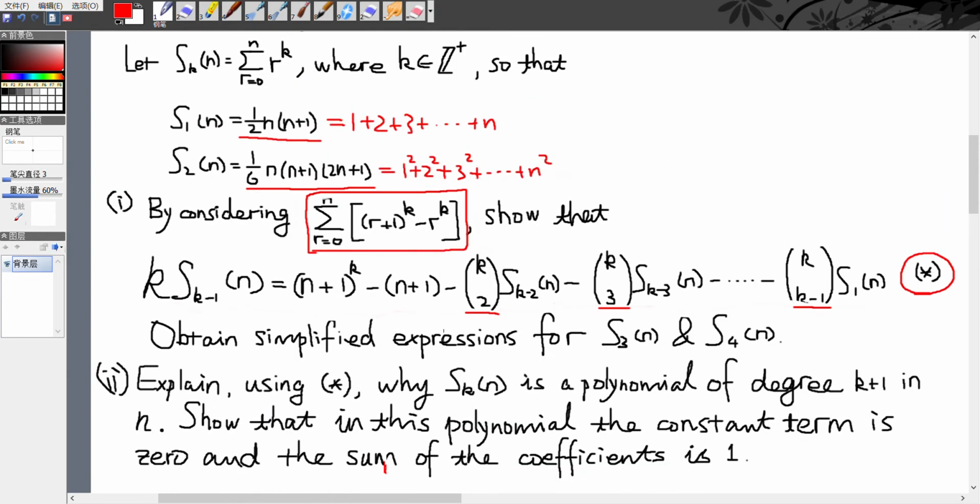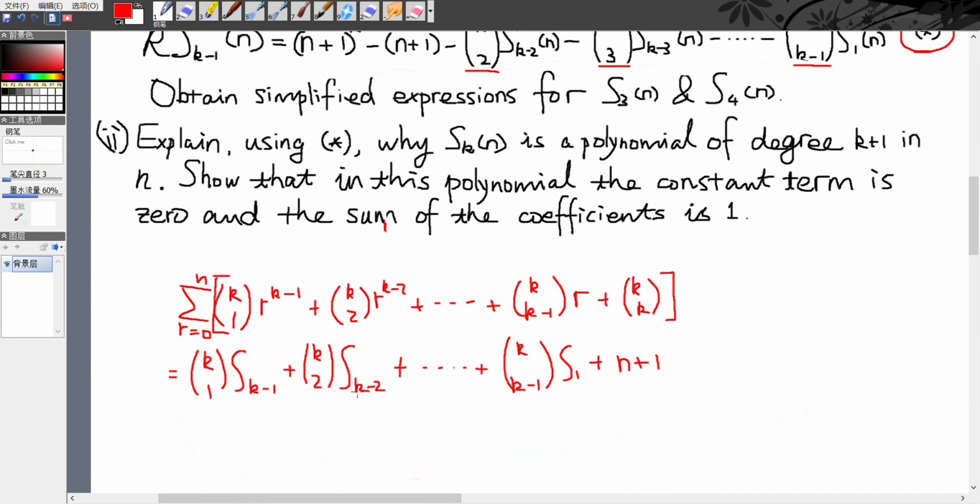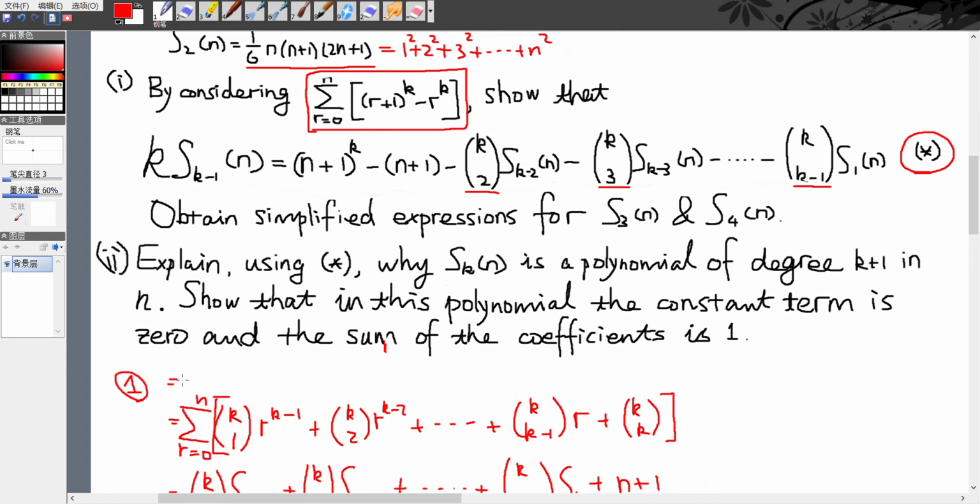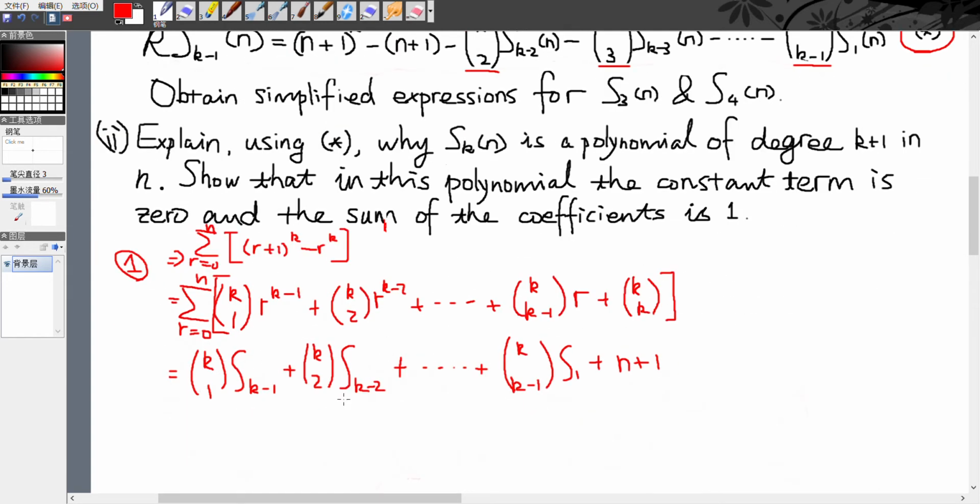Okay, so this is one way to express the summation r from 0 to n of (r plus 1) to the k minus r to the k.